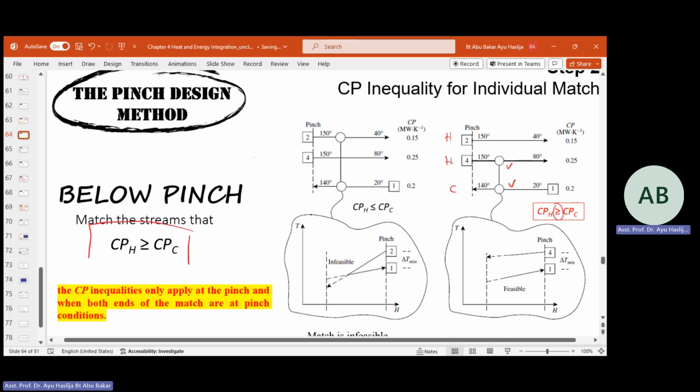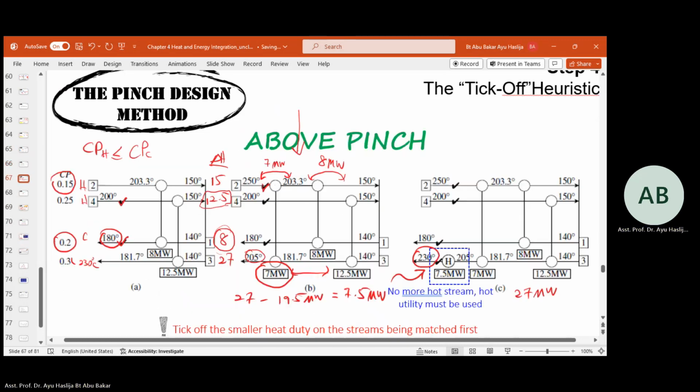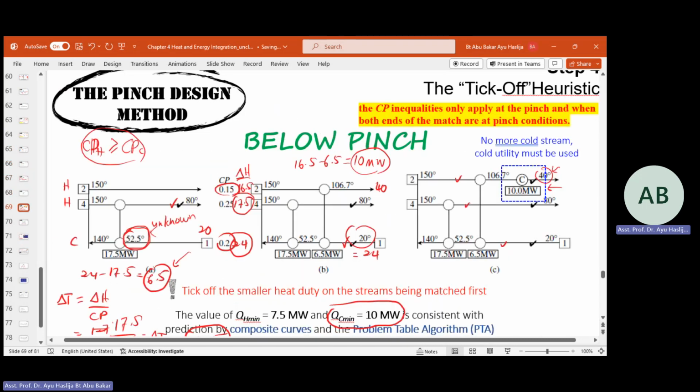So stream 2 to stream 1 is not feasible due to the CPH lesser than CPC. Only stream 4 to stream 1 meets the requirement. But in our final design, for the below pinch, it has stream 2 transferred to stream 1.